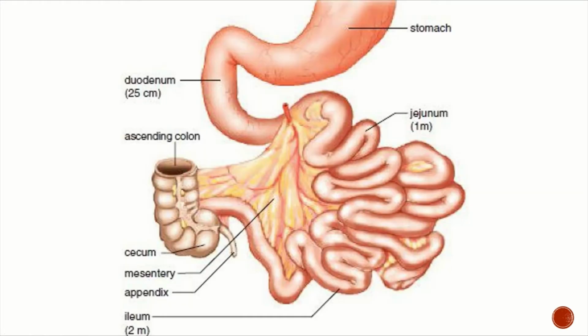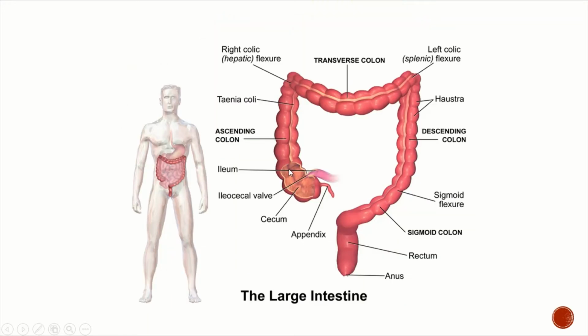After that, we have the small intestine with its three parts: the duodenum, the jejunum, and ileum, and all of that goes through the ileocecal valve to the colon. After the ileocecal valve, we have the appendix and the cecum.